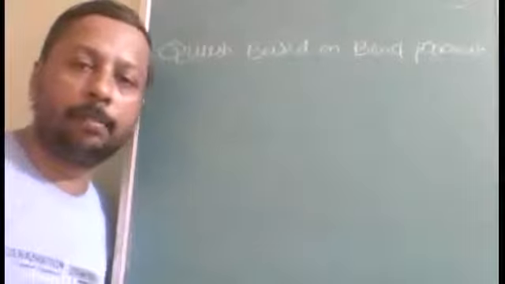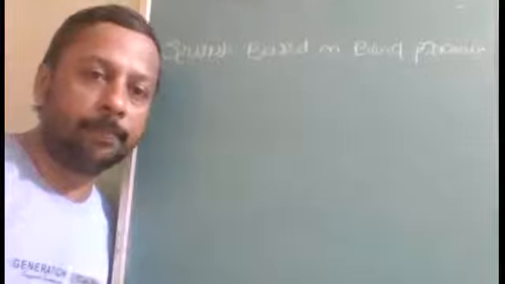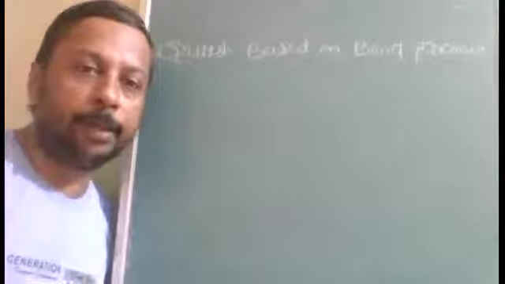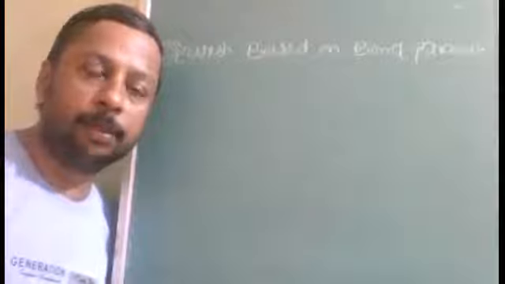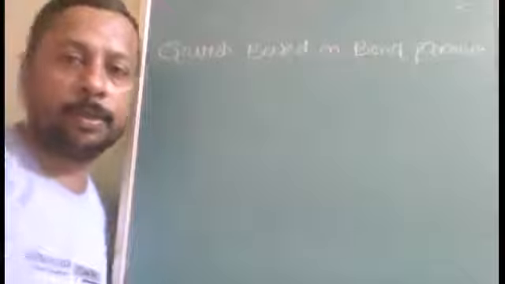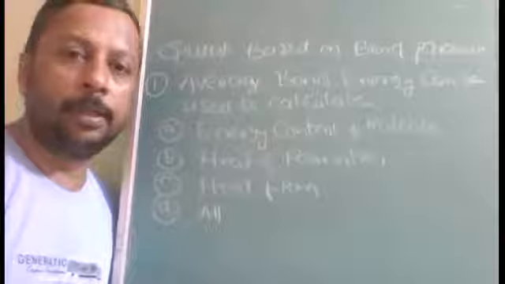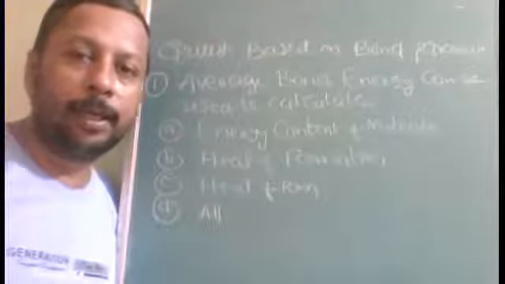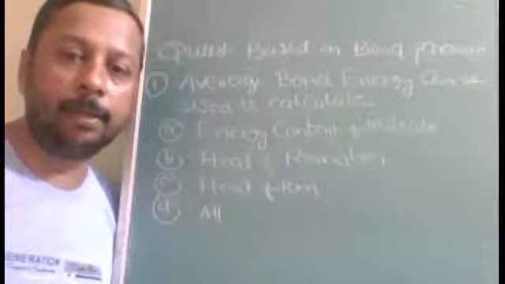Bond order is just the number of bonds, so it is a part of the bond parameters only for namesake. There are not many factors about bond order. So let's start with the questions based on bond parameters. Here is the question: average bond energy can be used to calculate the energy content of a molecule, heat of formation, heat of reaction, all.